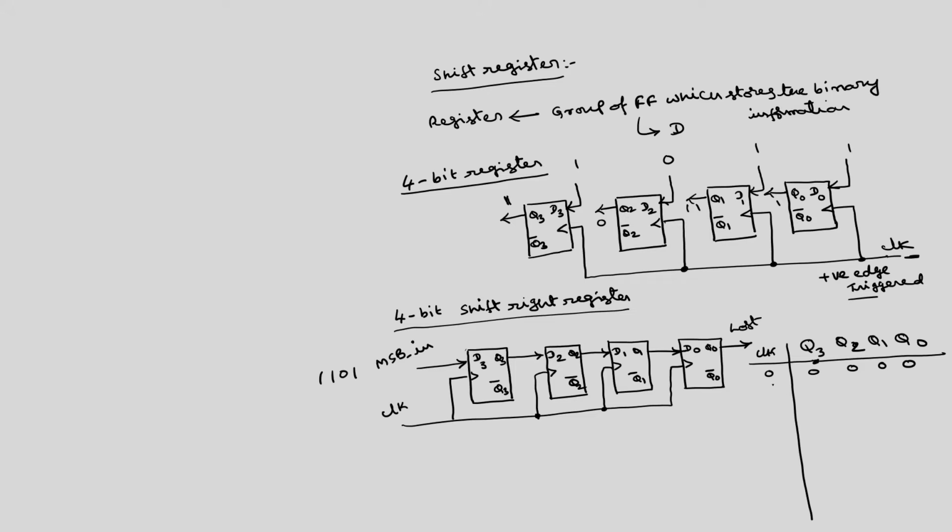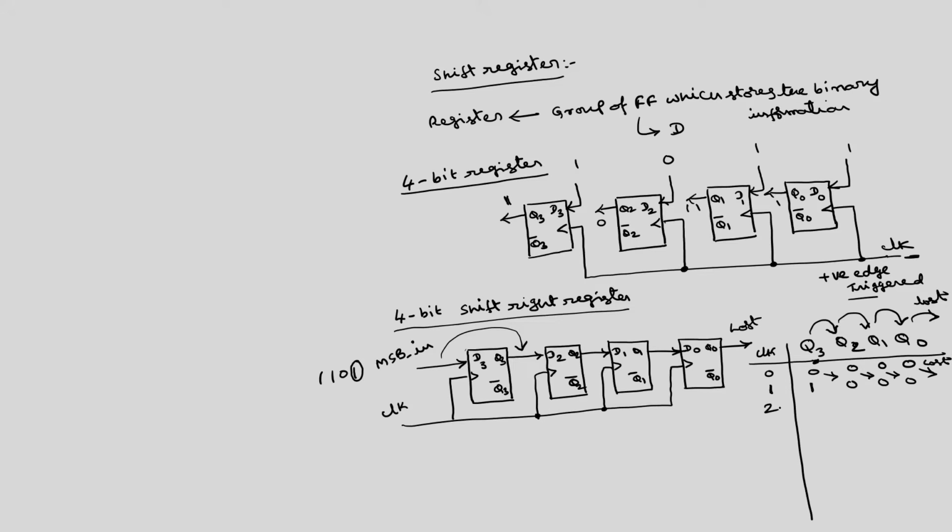Now, if I apply the first clock signal and the first bit of MSB in is 1, this 1 will be transferred to Q3. As the name implies, shift right, Q3 will shift to Q2, Q2 to Q1, Q1 to Q0, and Q0 will be lost. So, this 0 will shift here, this 0 here, this 0 here, and this 0 will be lost.